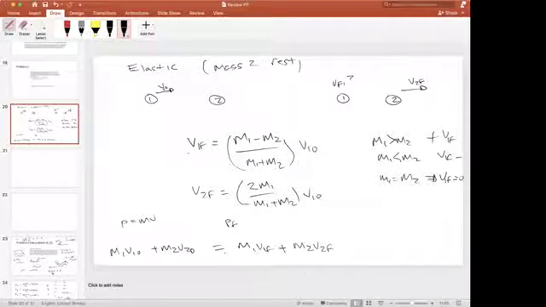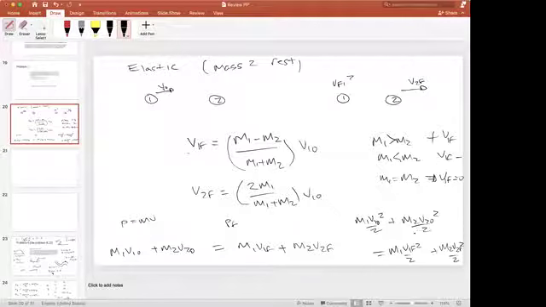And only for elastic, the kinetic energy is conserved, which means m1 v1 initial squared over 2 plus m2 v2 initial squared over 2 is equal to m1 v1 final squared over 2 plus m2 v2 final squared over 2. And the v2 initial terms would be 0. So if I gave you initial values, you could just plug them in here and get this.